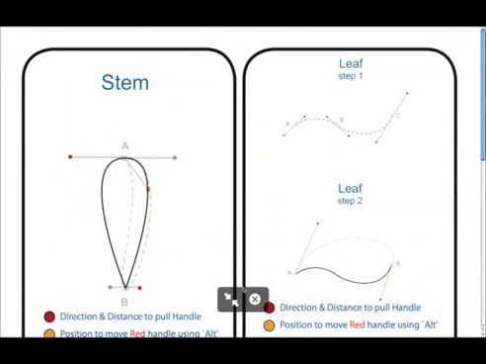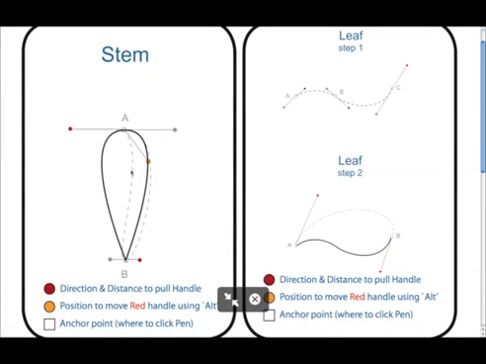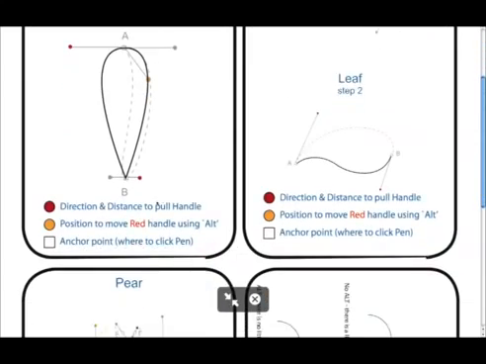I'll just bring up some examples. So there's a little stem here, and see how we've got this key that the red shows you the direction to pull the handle. So that one first, and then that one, and then the yellow indicates where to move handles to by holding Alt, and then the little square here is the anchor points where to actually click.